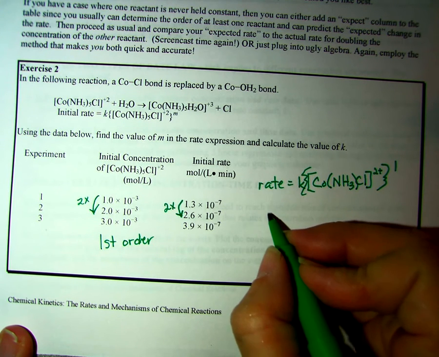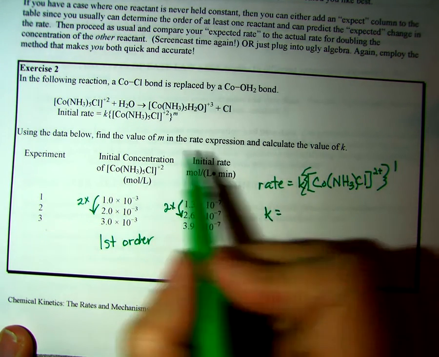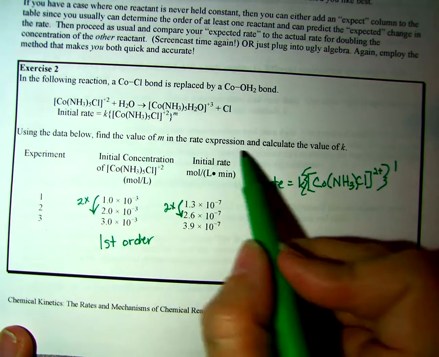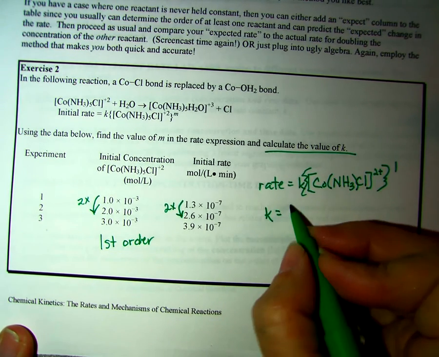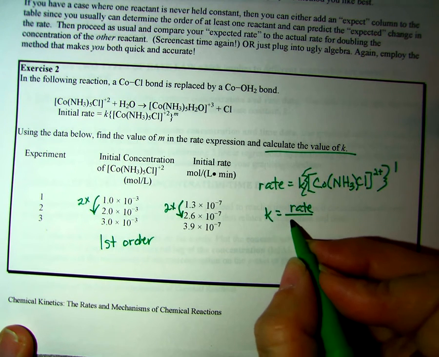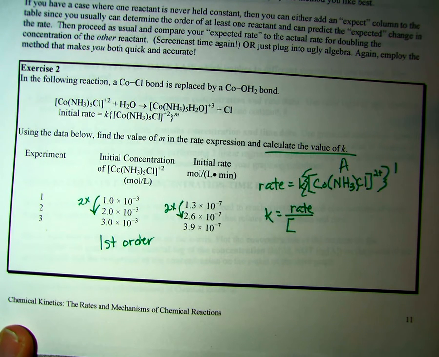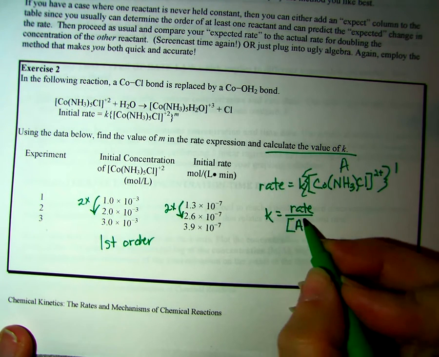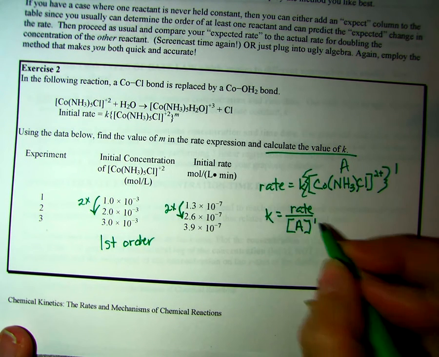If I am going to solve for K, because it says find the value of M, we did that, calculate the value of K. K is equal to rate over our concentration, and to simplify things, and they really don't care if you do this on AP tests, you could just call that A. It's reactant A, raised to the first power.